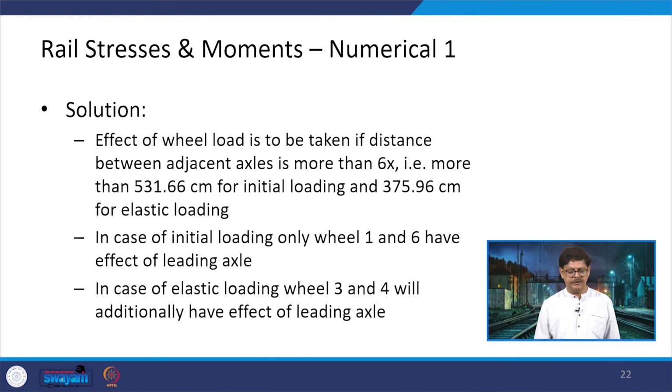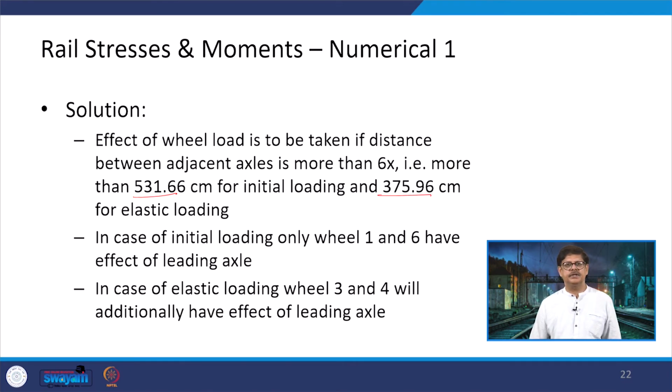So, what we get is 531.66 centimeters and 575.96 centimeters for the initial loading and the elastic loading conditions. It means if the wheels are so much distance apart, then only the effect of those will be considered, meaning 1:2 or 1:3 or 1:4, 1:5, 1:6, that is what we are discussing here.